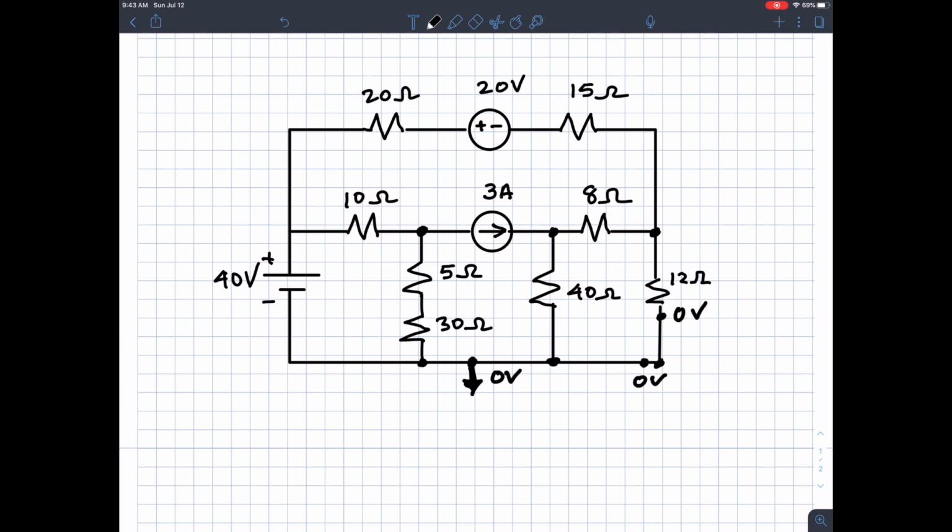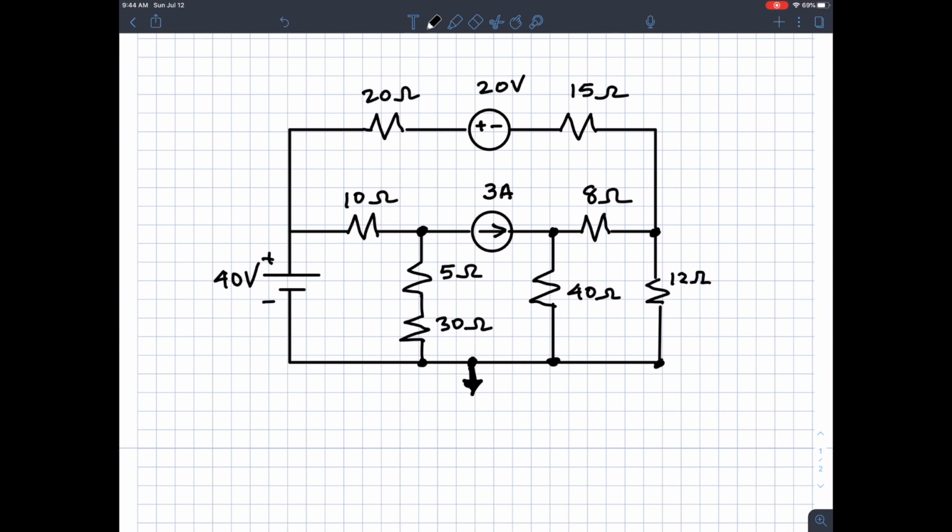There's 0 volts with respect to the reference at this dot. As long as there's just a wire connecting those points, it's at 0 volts. Okay, so let me undo those. Let's use that as the reference.